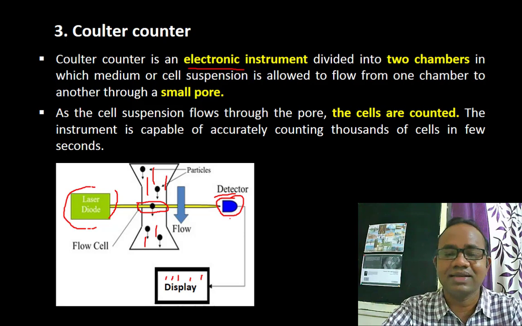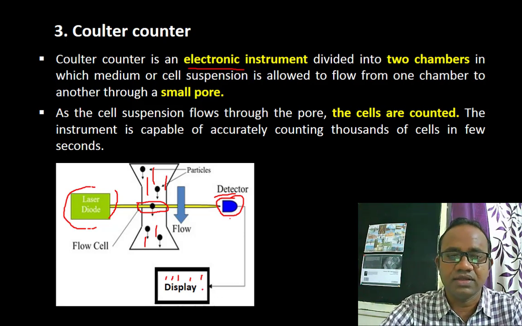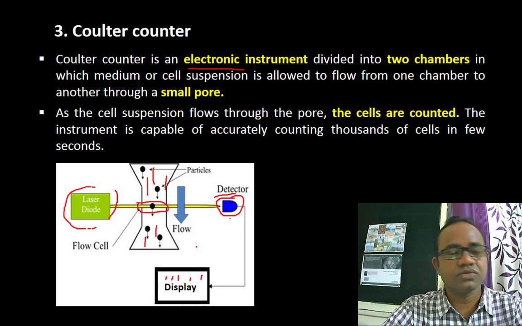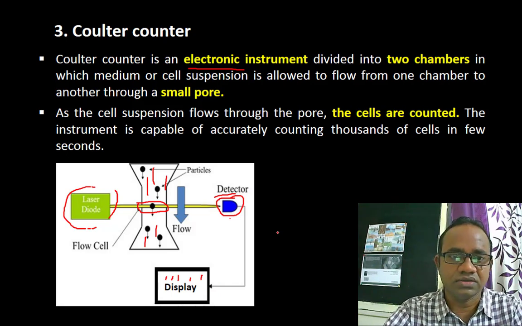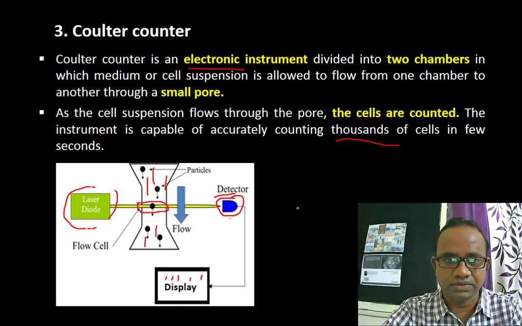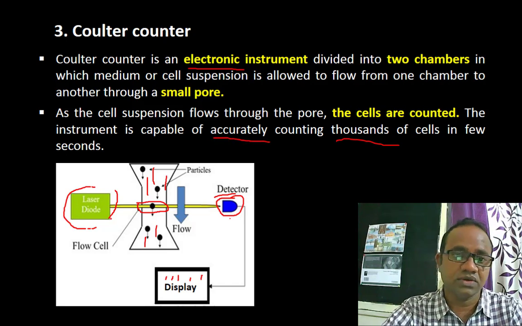That means the laser light data which hits the bacteria is detected and displayed here in the form of a number. This is an automatically operating instrument, and thousands of cells can be counted in a few seconds. The accuracy is very precise, since it is based on the laser diode and detector systems.